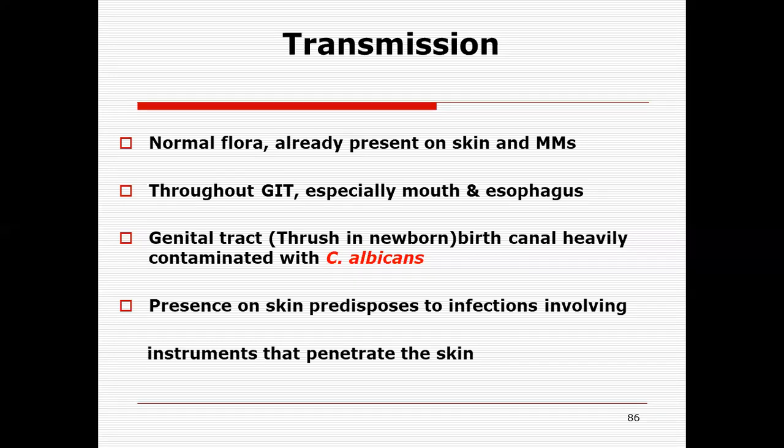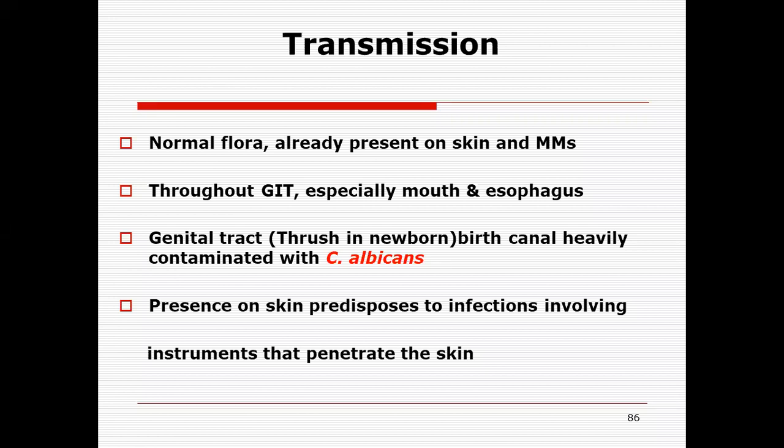In addition, Candida albicans is also present throughout the gastrointestinal tract, especially in the area of the mouth and esophagus. The genital tract is full of Candida albicans, and it causes thrush, which is the pseudomembranes formed by Candida albicans.